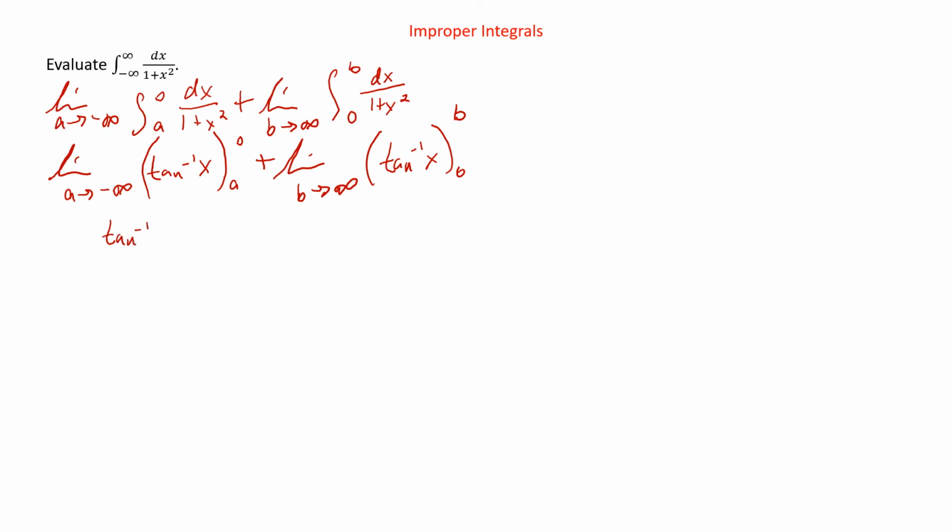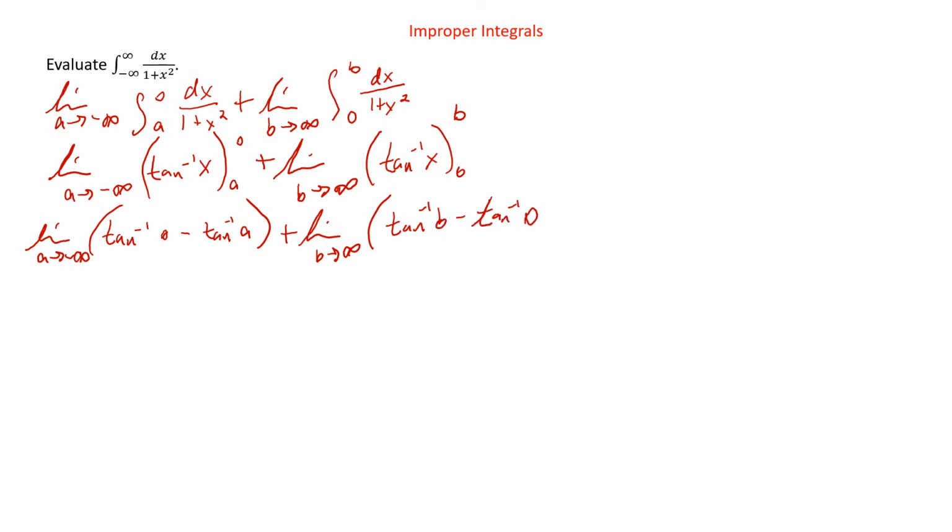So we have inverse tangent of 0 minus inverse tangent of a. And this we have the limit as a goes to negative infinity, plus we'll have the limit as b goes to infinity, inverse tangent of b minus inverse tangent of 0.